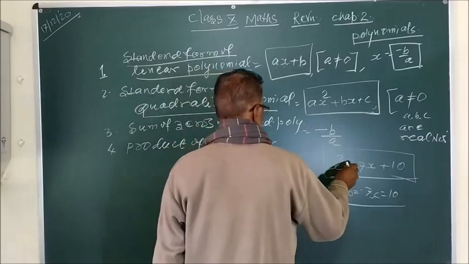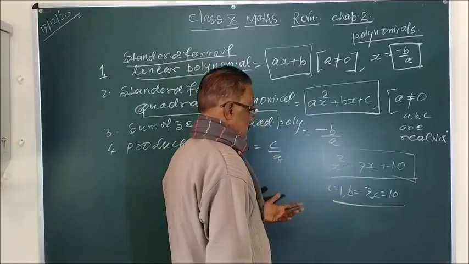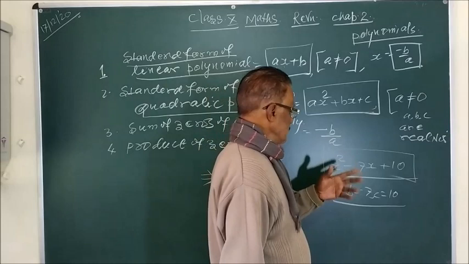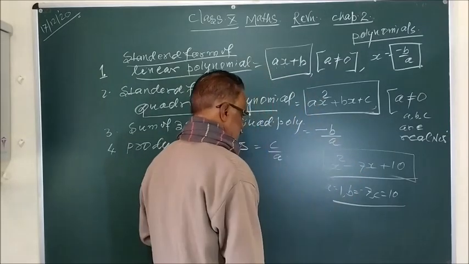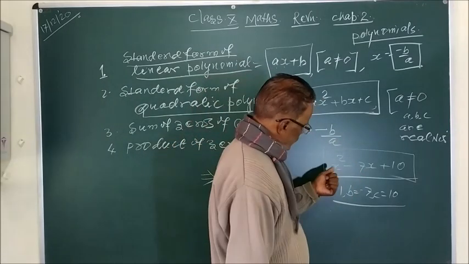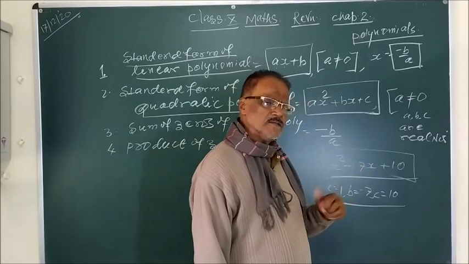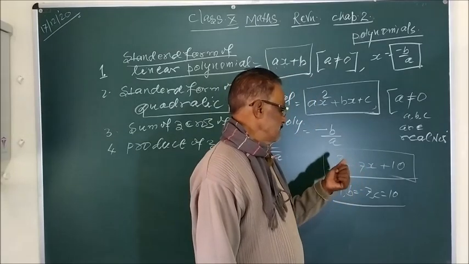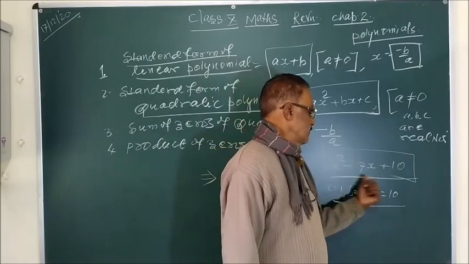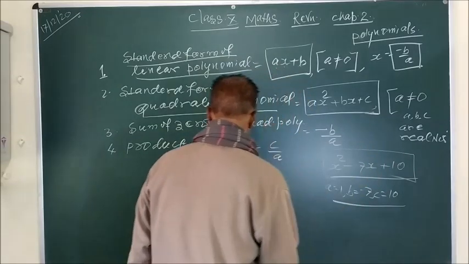Now you have to find, there are a variety of questions. Suppose this is a polynomial, you have to find the zeros. In other words, what are the values of x so that on putting them, the total value of this polynomial will be 0.